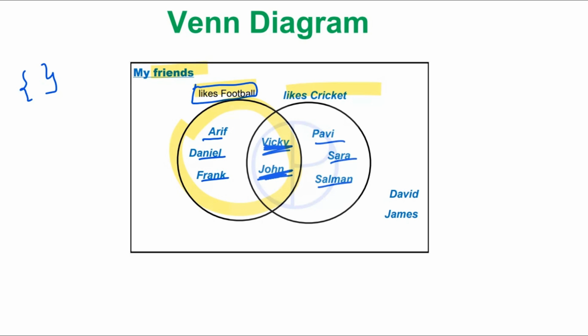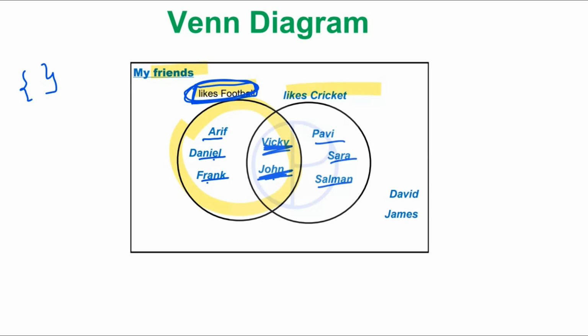So this particular set, let's say, likes football. I can just ask, who is in the likes football set? Who are the members of that set? It's Arif, Daniel, Frank, Vicky, and John. So all these folks are members, are elements, of this set called likes football.